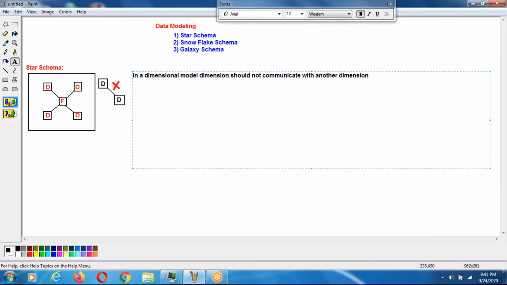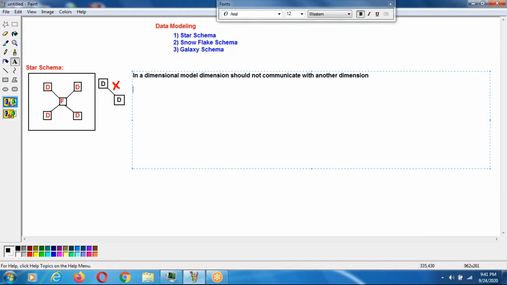That means each dimension is an individual table. It is having only relationship with the fact table. It should not communicate with another dimension. So between dimension and fact, there is a relationship. That means we can call that as normalized tables. But between the dimension tables, we don't have any relationship. So the dimension can be called as denormalized dimensions.